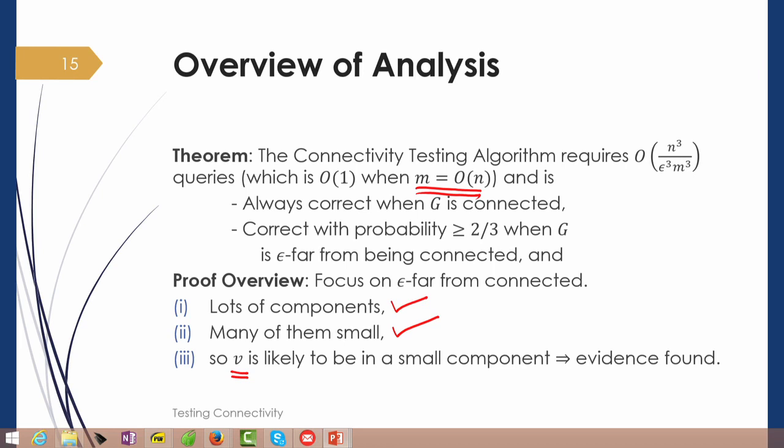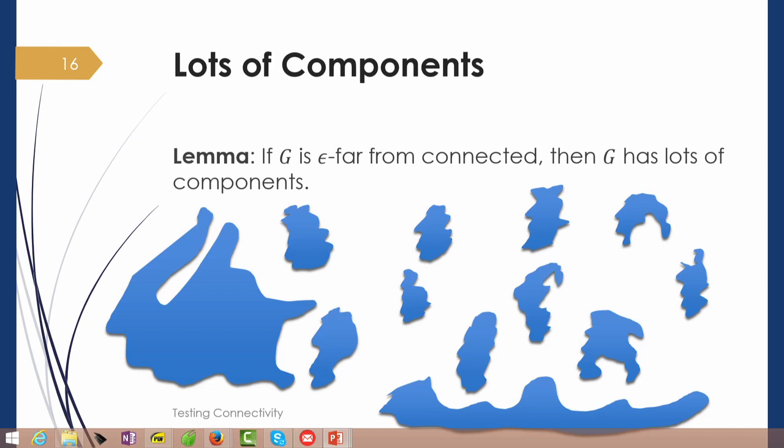Let us go on to the first step in this proof sequence. Our first lemma is to show that if the graph G is epsilon far from connected, then G has lots of components, as illustrated by this figure. Here's the quick intuition.